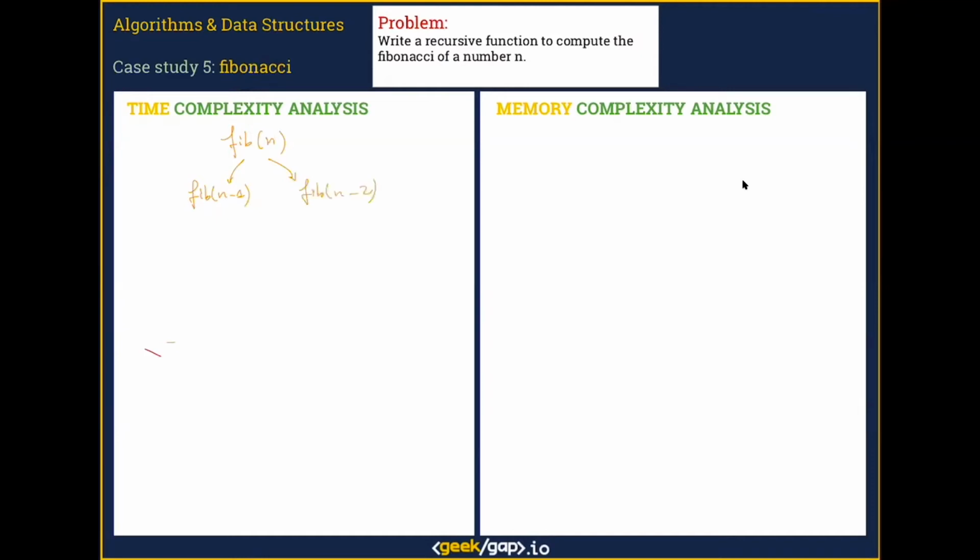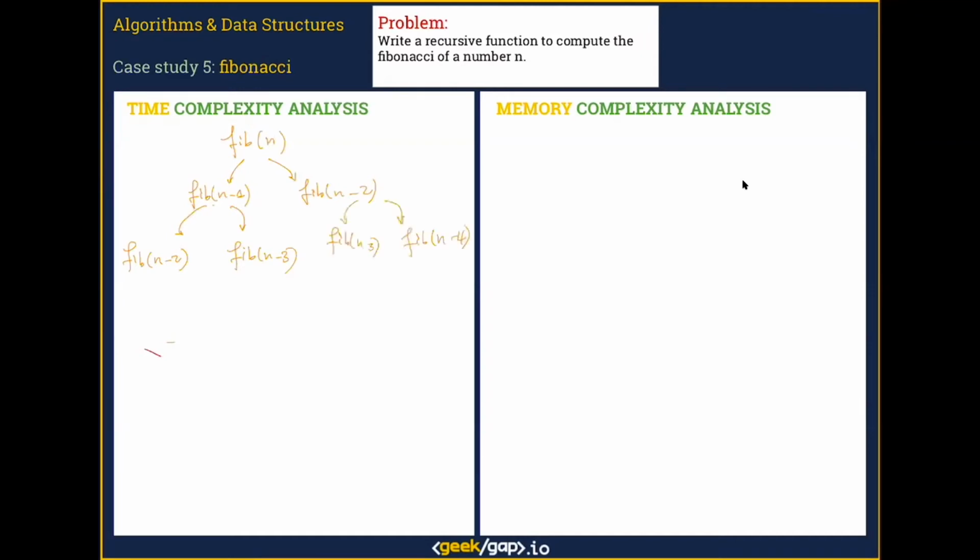And in order to compute Fibonacci of n minus 1, we need Fibonacci of n minus 2 and Fibonacci of n minus 3. And for this one, we need Fibonacci of n minus 3 and Fibonacci of n minus 4.